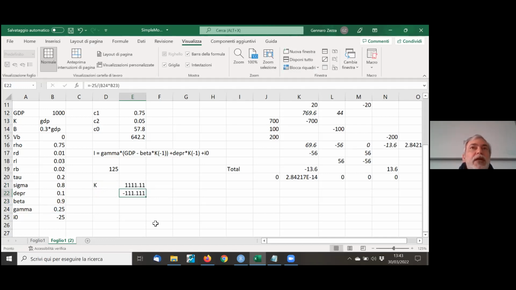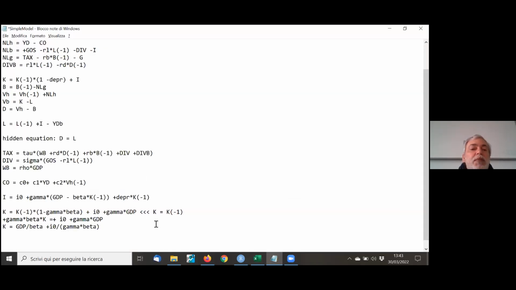So with this, we get exactly 1,000. So the capital is equal to GDP, but we cannot be so sure that this will be respected later on.